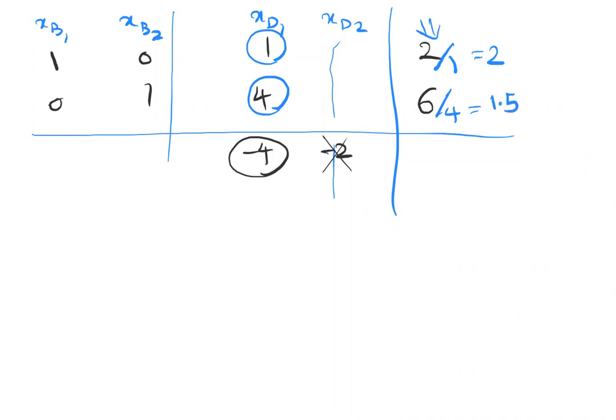Now we are going to choose among the positive values the smallest value, which is going to be 1.5. So if this one was -2, then this was our only choice to choose the 1.5. But now that both of them are positive, we are going to choose this one. This one helps us to determine which of the base values we are going to replace.